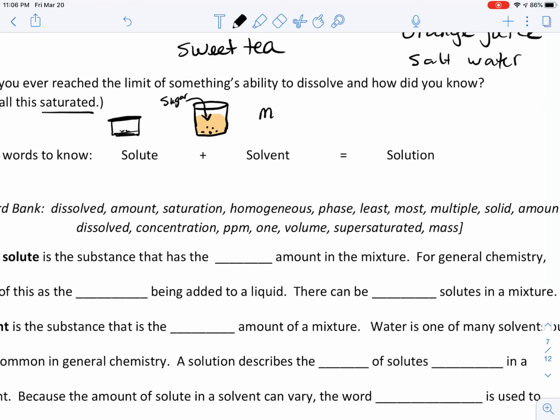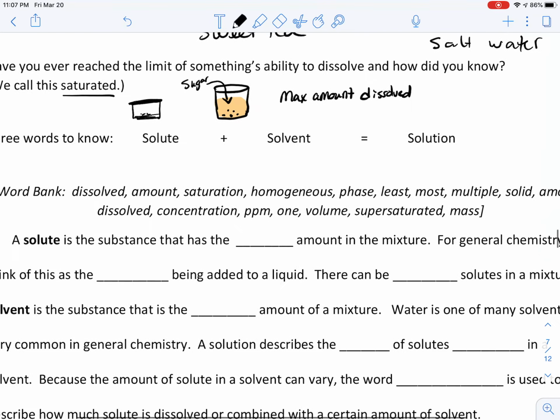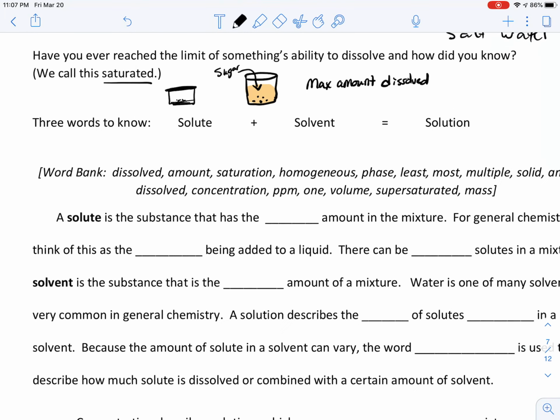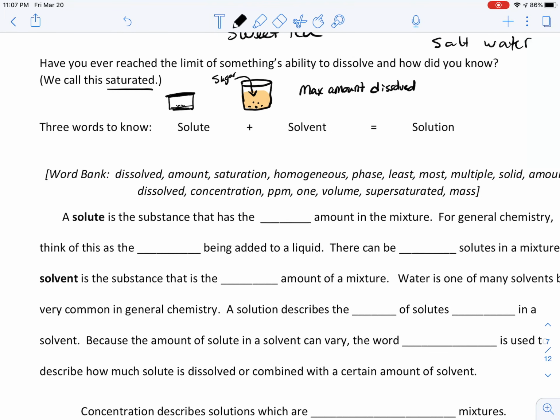Sometimes that happens with cooling too. When you have that pile at the bottom, that is telling you that you reached the maximum amount dissolved, even though you've stirred it to death. Now we're going to come back to the Southern sweet tea example in just a minute, which I have been thoroughly educated on.